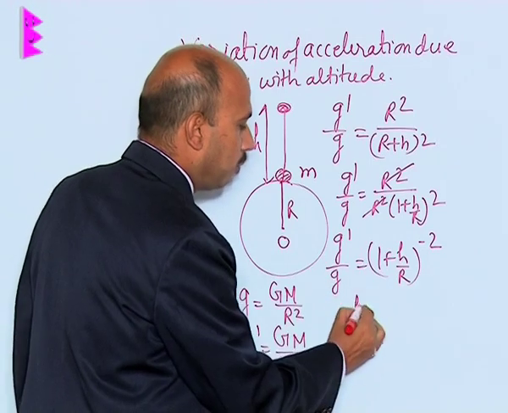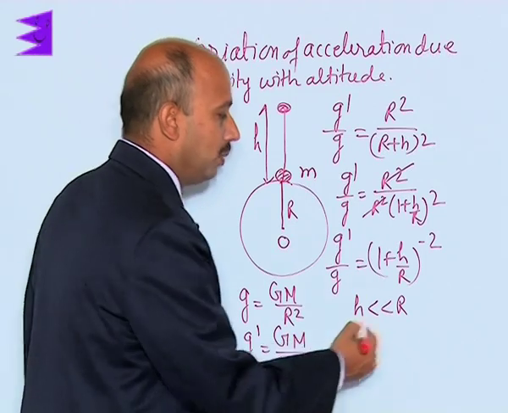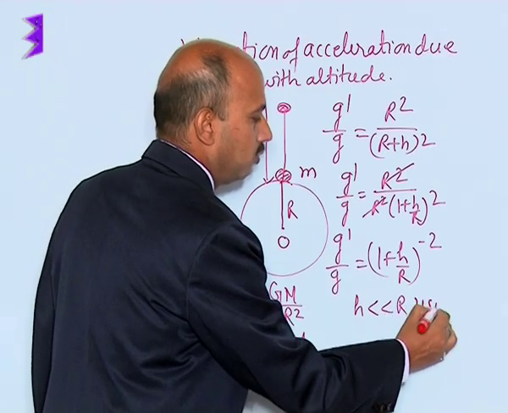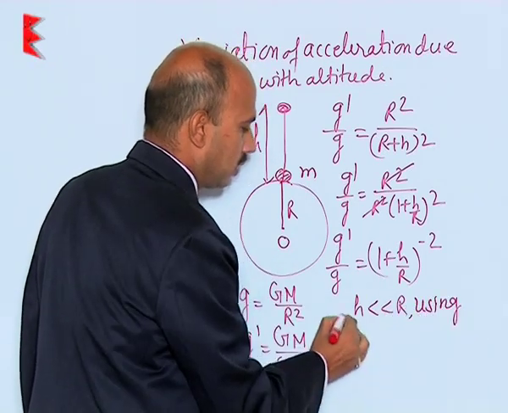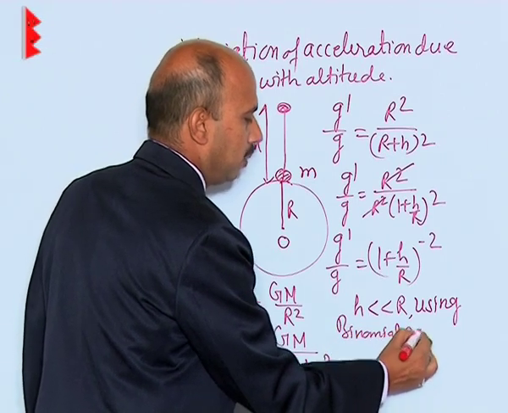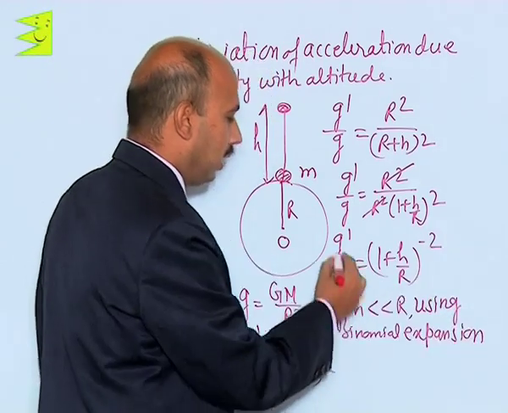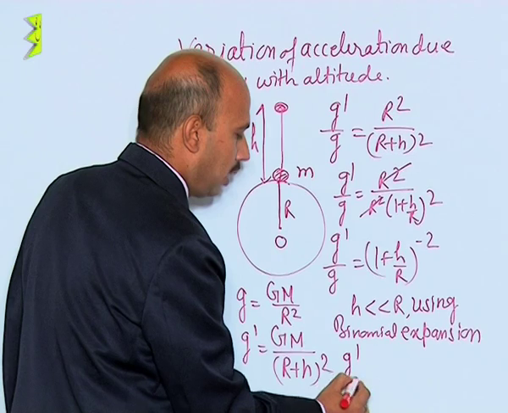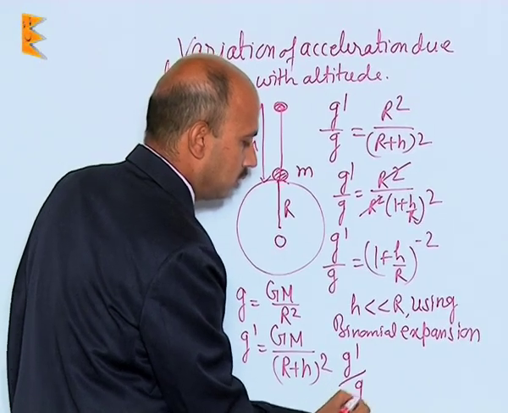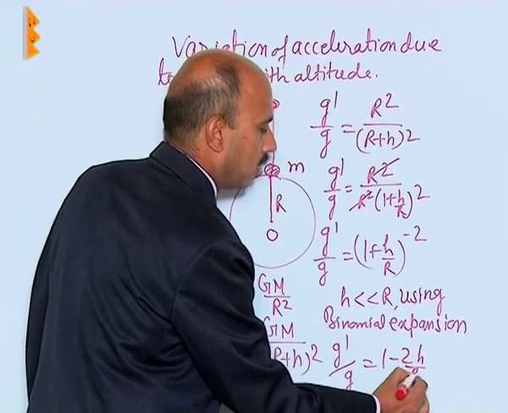If h is much less than r, you can use the binomial expansion. Using the binomial expansion, you can write g dash upon g is equal to 1 minus 2h upon r.